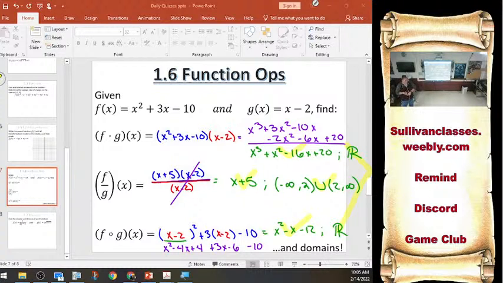It doesn't have a logarithm in it. It doesn't have a variable in the denominator. A polynomial doesn't have any of the things that can break math law. So they have all real numbers. The only time we've got to watch out is with those rational functions. They have problems.